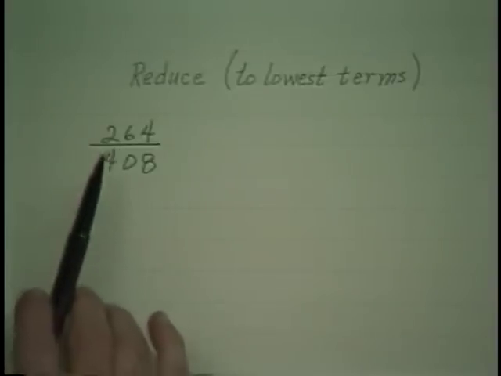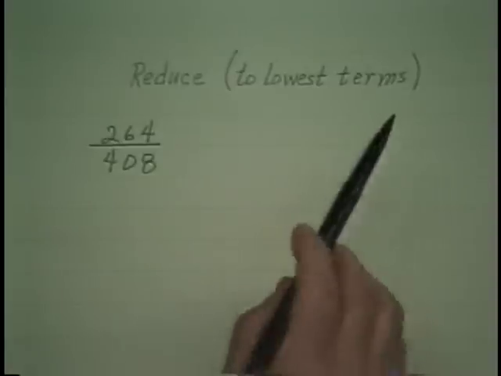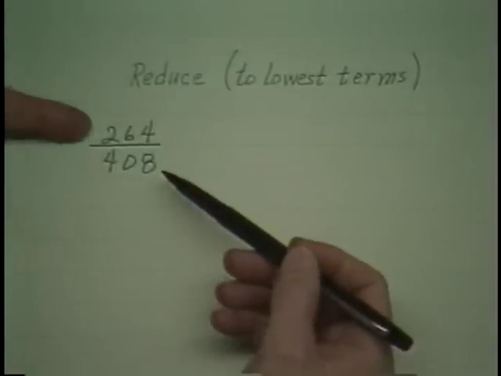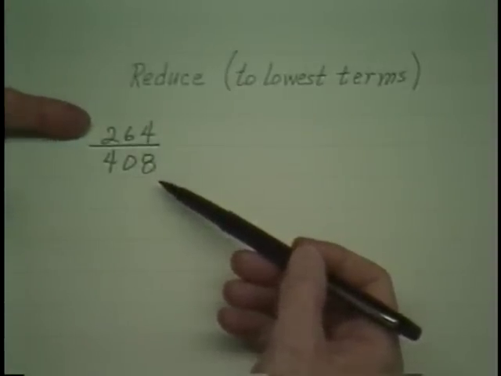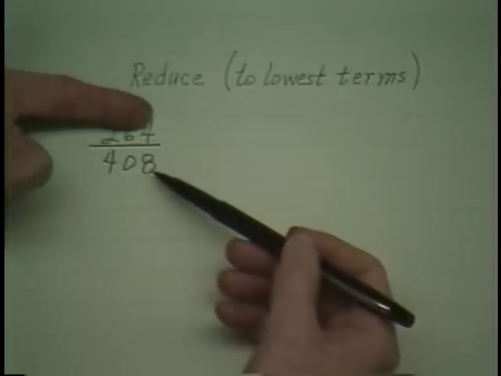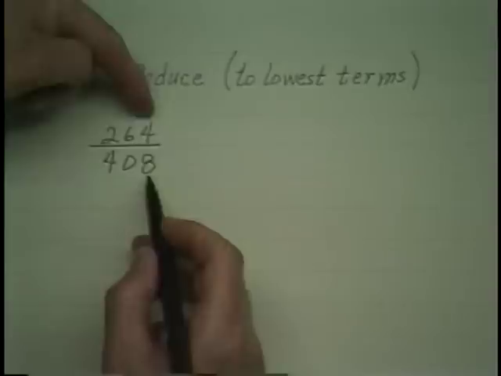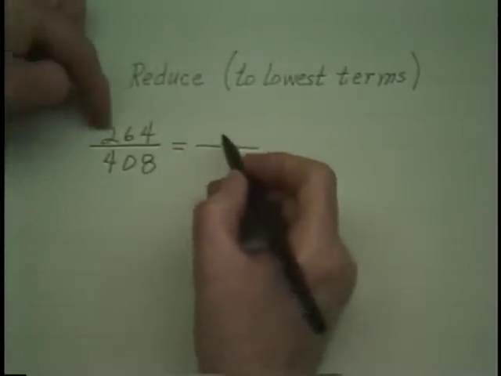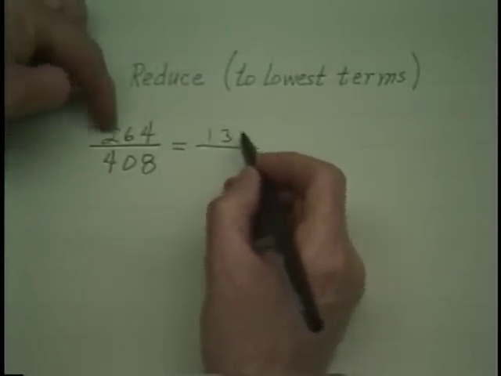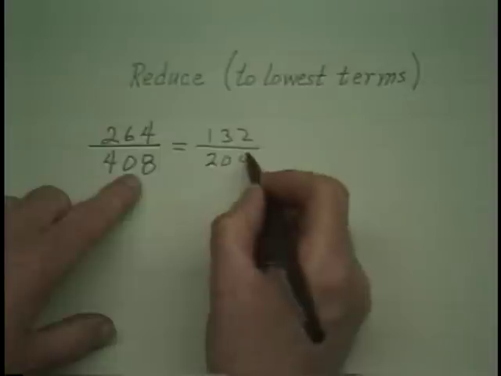Now let's reduce this rather messy problem to lowest terms. So you look at the top and bottom and ask, do you see anything that will divide both? Some of you will see 8. A few of you will see 4, but all of us will see 2. So let's divide top and bottom by 2. 2 goes into here 1, 3, 2, into here 2, 0, 4.